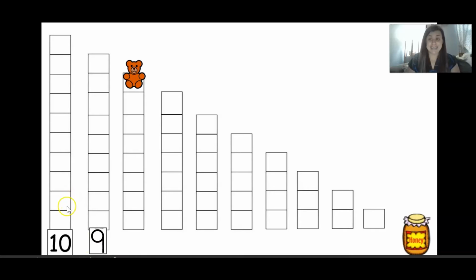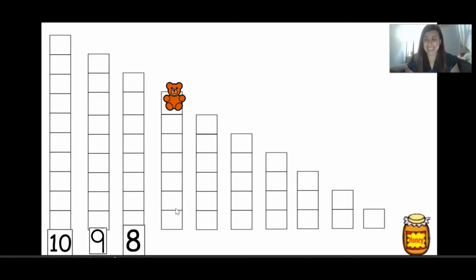We went from 10, 1 less is 9. Now we need to find out what's 1 less than 9. Let's count our number tower. 1, 2, 3, 4, 5, 6, 7, 8. 8 is 1 less than 9. Let's keep going.